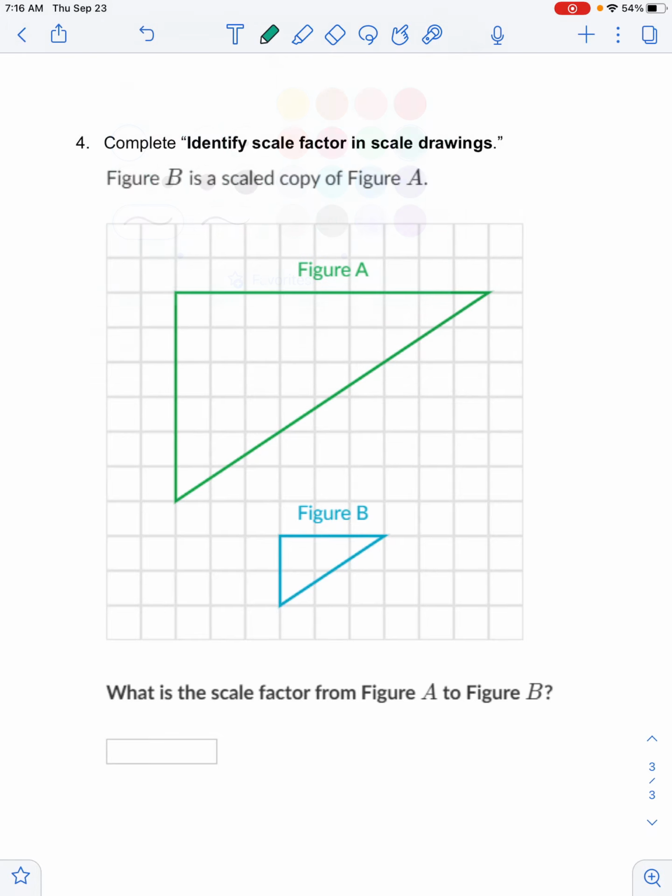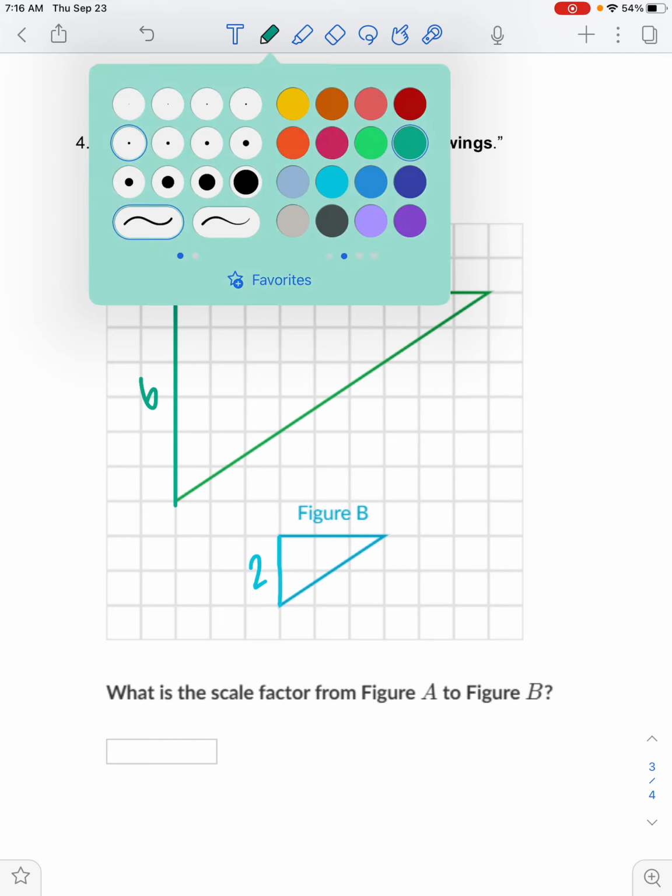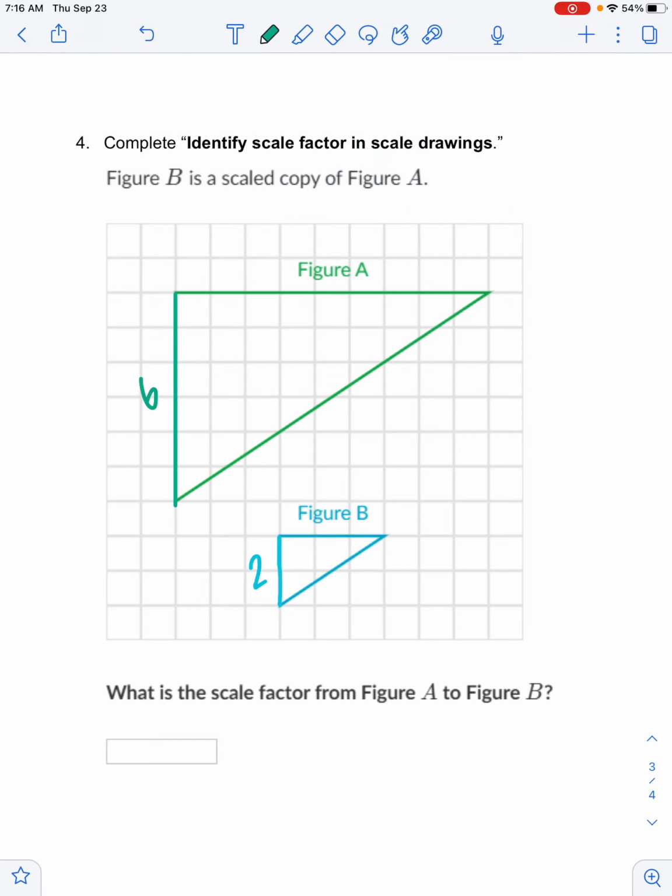I can see that the side length of figure A is 6 units, and the corresponding side length in figure B is 2 units. Now, remember that the scale factor has to be the same from every side. So I could look at another side, and I would see that this side is 9 units long, and the corresponding side in figure B is 3 units long.